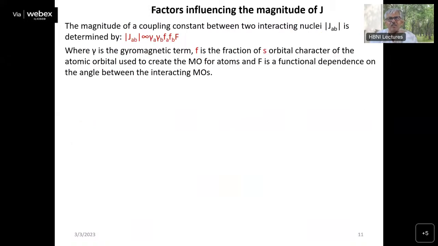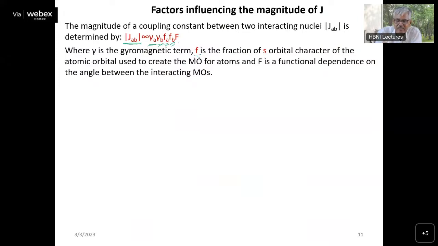Now let us see what are the different factors that influence the magnitude of J. You will see the absolute value of J depends on the gyromagnetic ratio of the two interacting nuclei. Then Fa, Fb and F, I'll tell what they are.